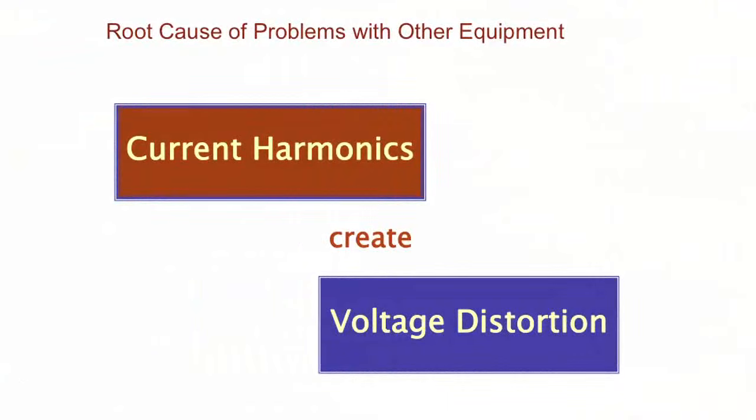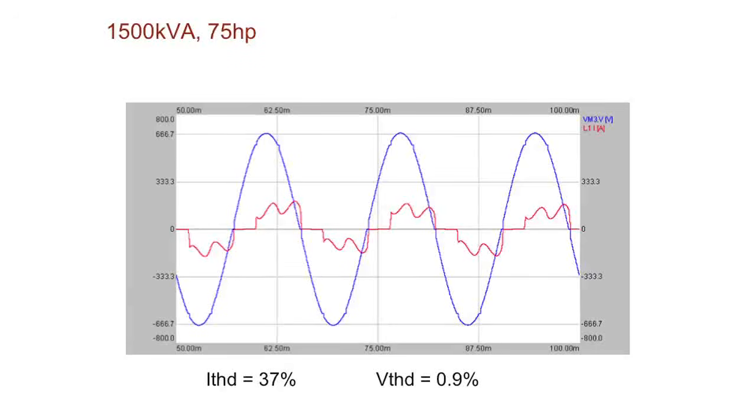So what's the root cause with other equipment? Typically current distortions create voltage distortions. So if we look at this, I got a 1.5 MVA transformer. I got a 75 horsepower drive. Here is my voltage waveform. And here's my current waveform for that VFD.